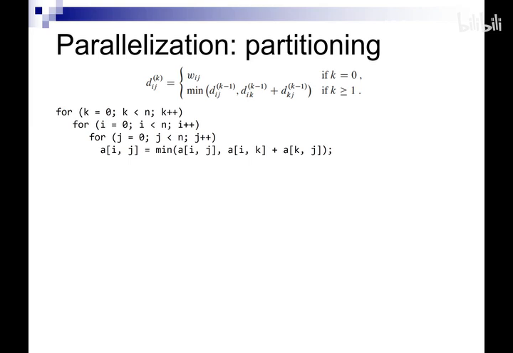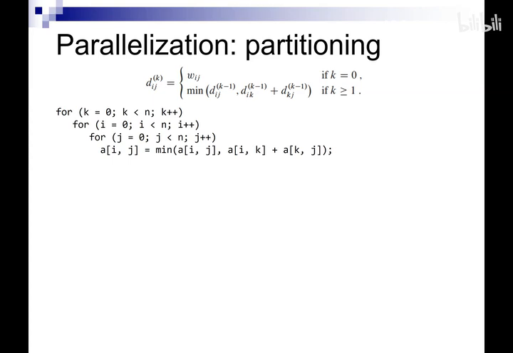So we have this formulation over here, a triple loop. The outer loop is going to be over the k variable, because you have to compute k from 0 to 1 to 2 and so on, all the way up to n. Then for each value of k, we need to figure out dij of k for all values of i and j.